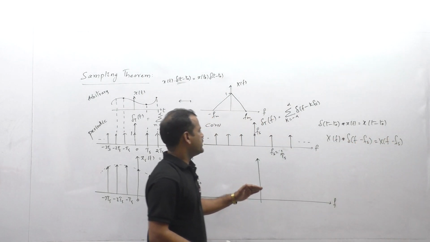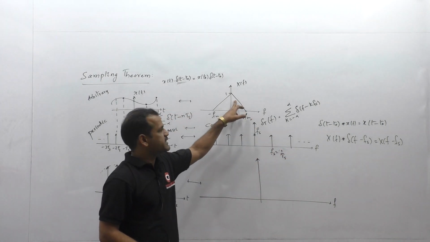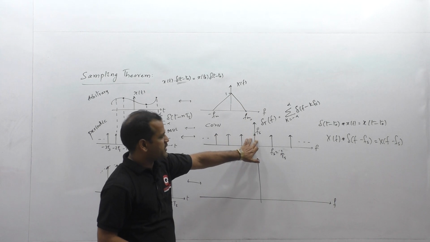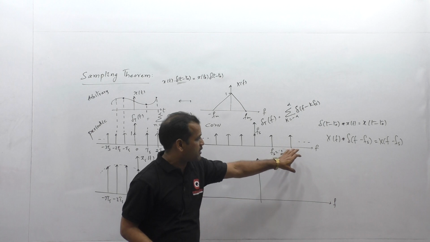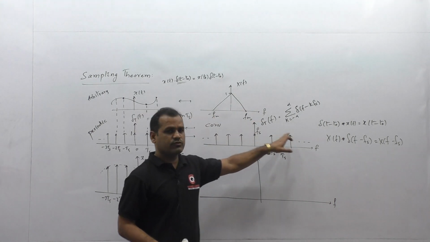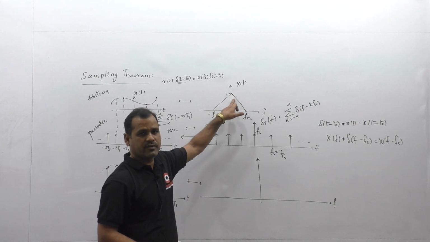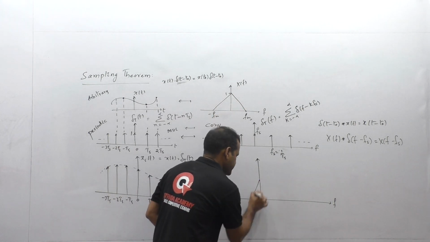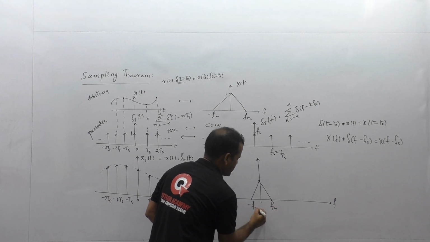According to that property, each delta function here, if convolved with this spectrum, shifts it to the corresponding delta function location like this. So we will get a series of x of f spectrums. First, whenever this delta function is convolved with this x of f, we will get the spectrum here. Let us consider this is fm, this is minus fm.